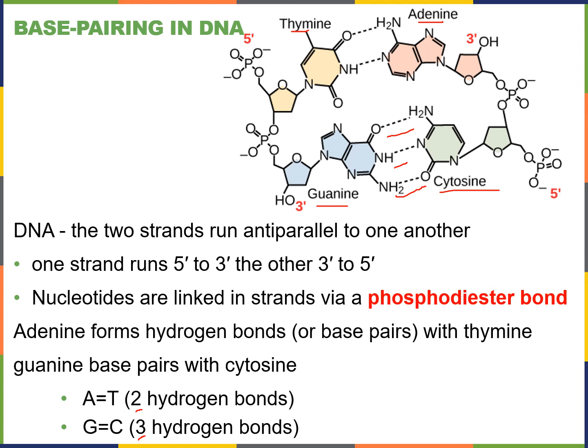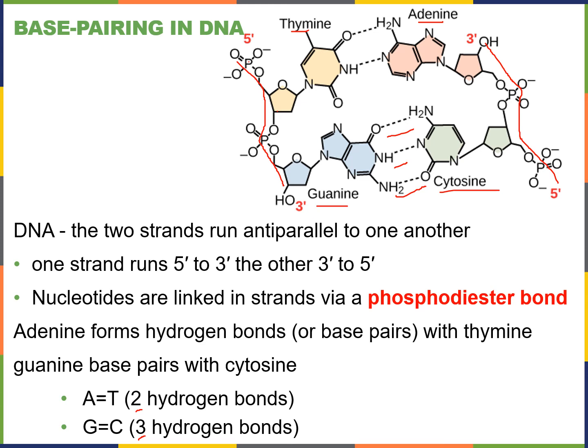Now, the individual nucleotides: phosphate, sugar, phosphate, sugar, phosphate, sugar, phosphate, sugar. They're held together from the oxygen of the phosphate group to the 3rd carbon of the ribose, or the deoxyribose if you're talking DNA.